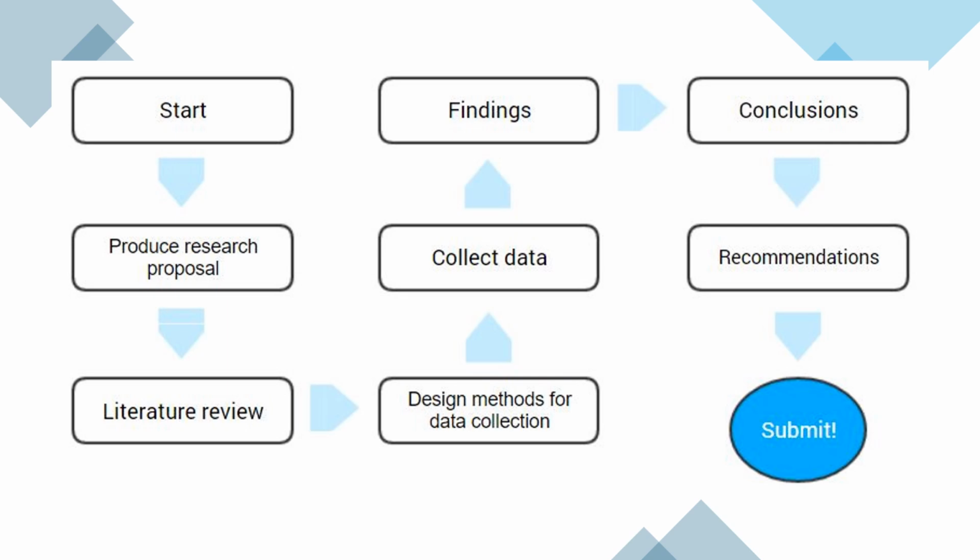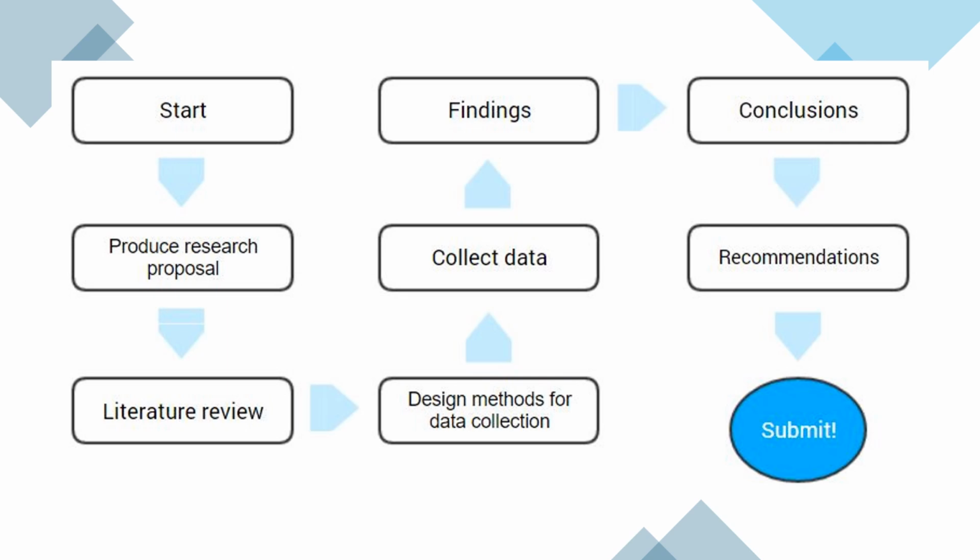You start the research by producing a research proposal, and then you start your literature review, which is critically analyzing the previous studies on the specific topic or title that you are conducting the research on.